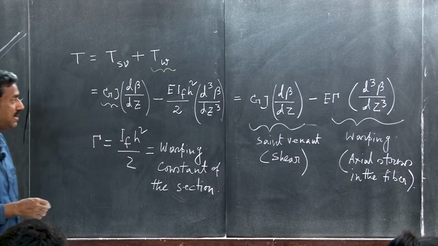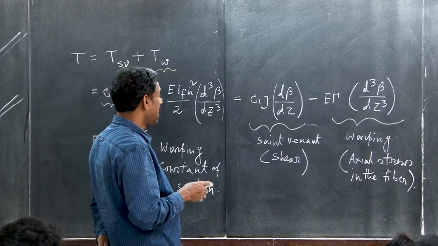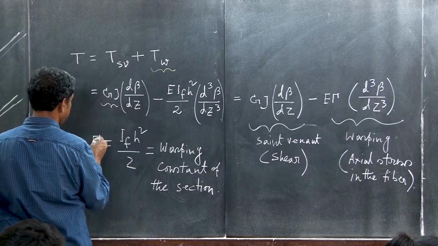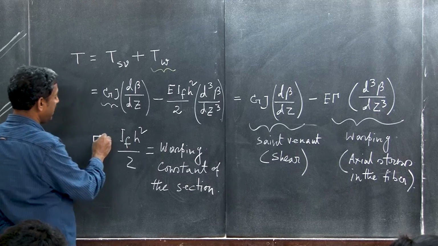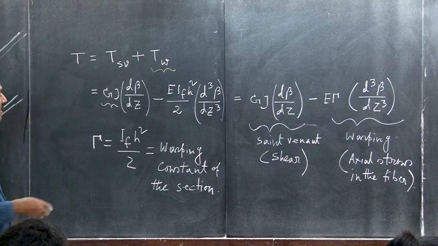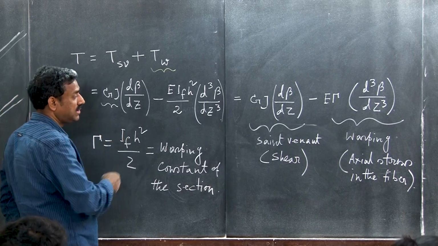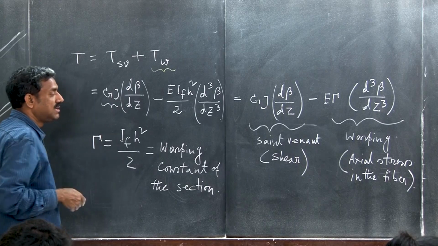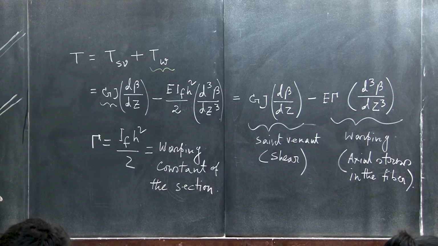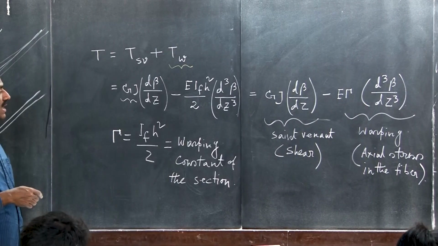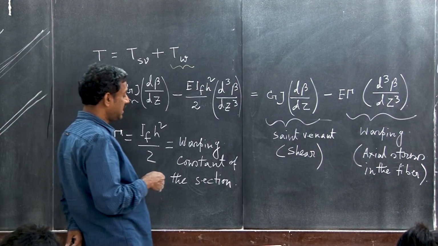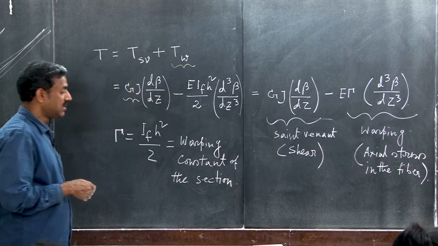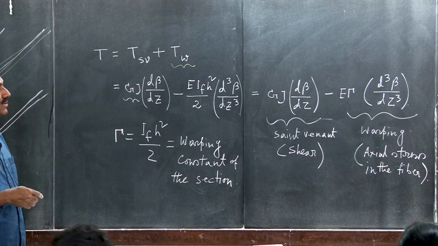Here, capital lambda, I believe it is capital omega, right, I_F h²/2, this capital omega is basically the warping constant, which is dependent on the section.